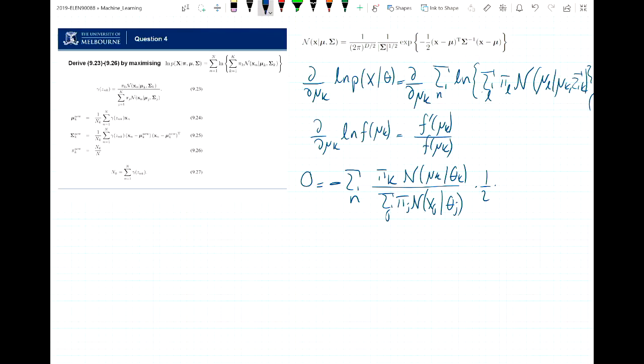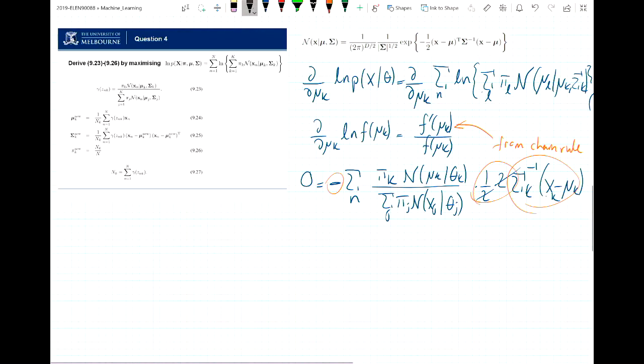Because this is quadratic, 2 will come here. This one will be then x n minus mu k, so this will cancel out. This comes from the chain rule of finding this. And that's more or less it.